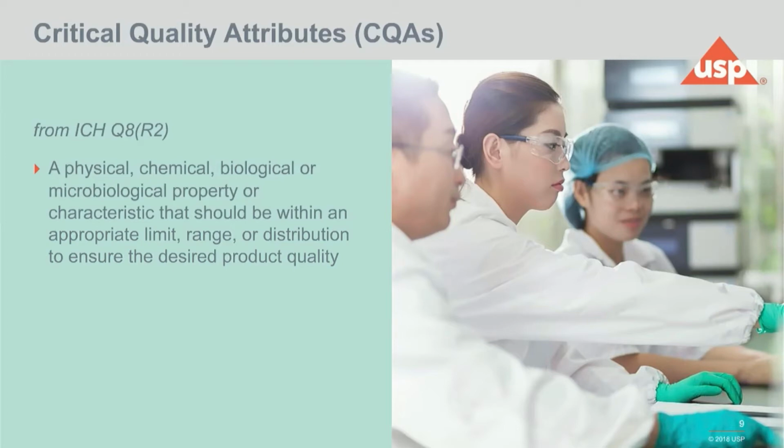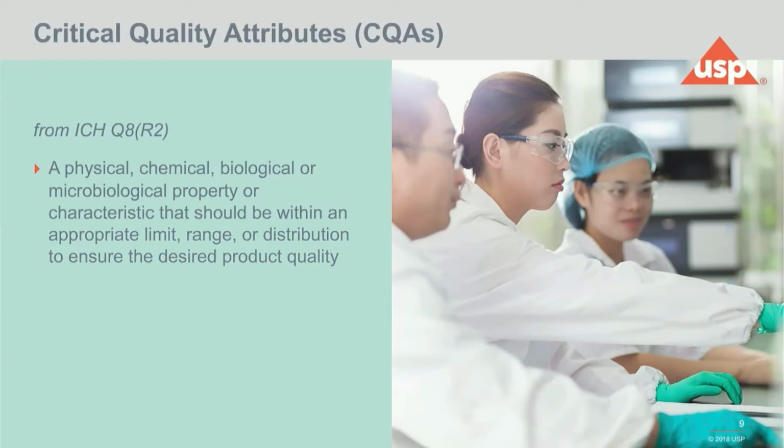I'll talk today about some things that can be critical quality attributes, but ultimately it depends on the molecule itself and whether these are important to ensure product quality. So these are things that need to be defined for particular molecules. We can give you some guidance in terms of what common CQAs might be.